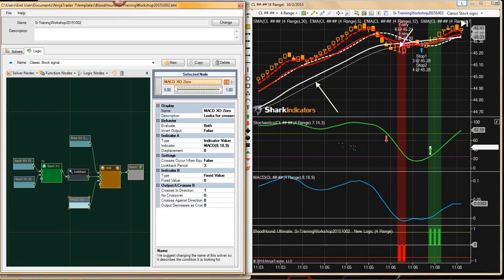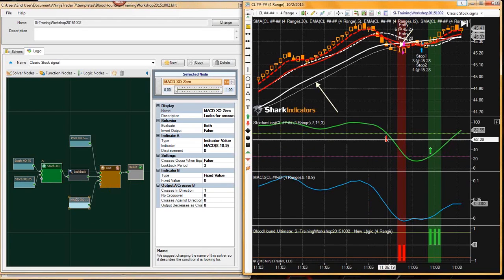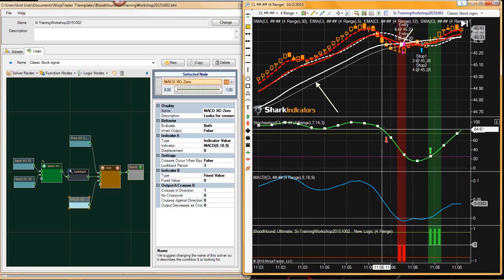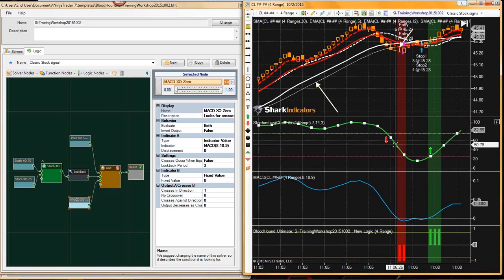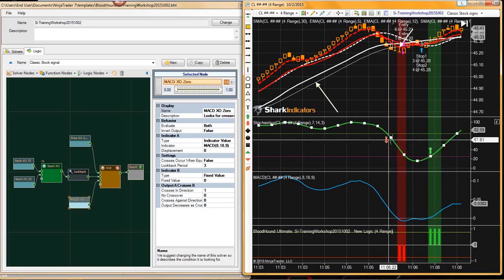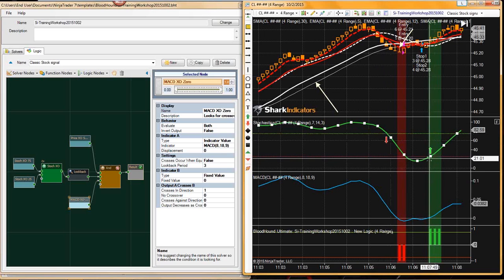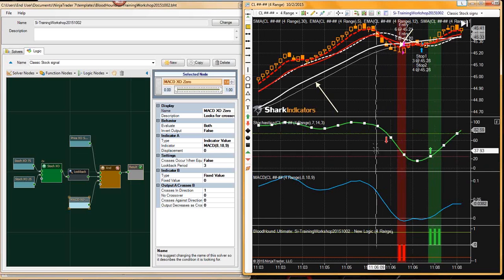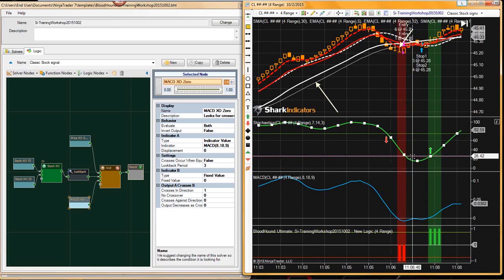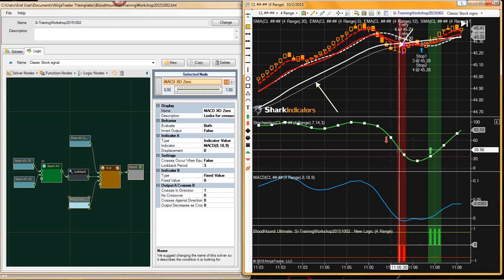I'd say it's not that uncommon for one rule, say this stochastic crossing 75 and 25. You could say that's one rule, but if you really break it down, the stochastic crossing 75 is a condition, and the stochastic crossing 25 is another condition. In our minds we tend to think of it as one rule because it's just one indicator, but really it got broken down into two different conditions.